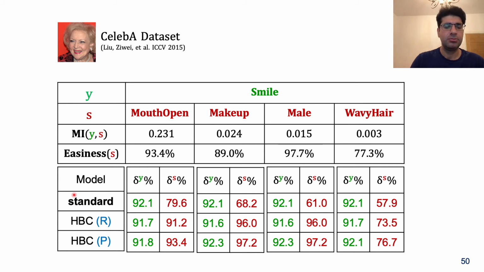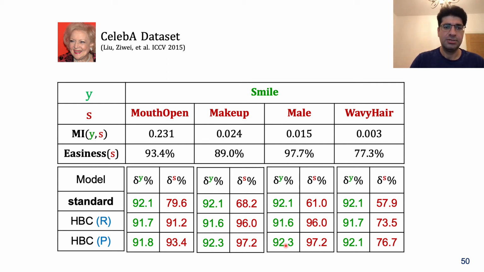The standard model that is only trained for smile detection and HPC models via either regularized or parameterized that I explained. We see that smile detection with a standard classifier is 92% accurate. We can achieve almost the same accuracy with an HPC classifier.